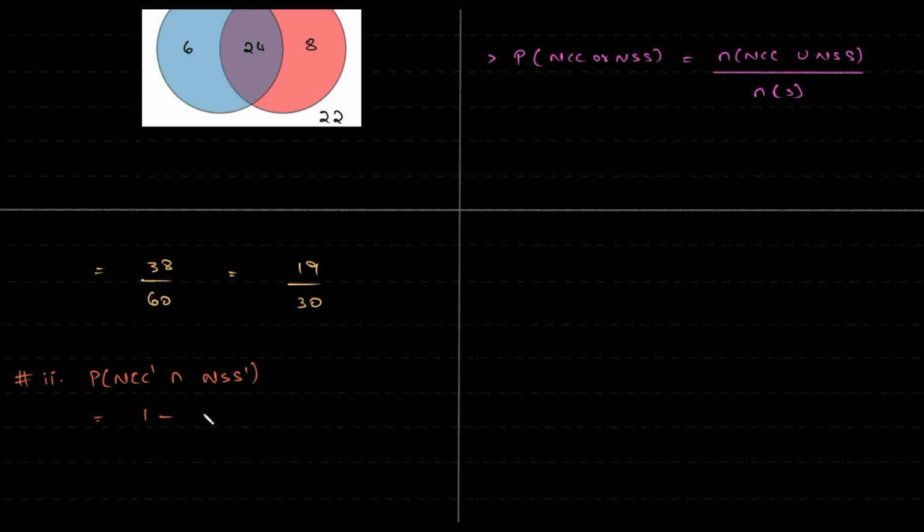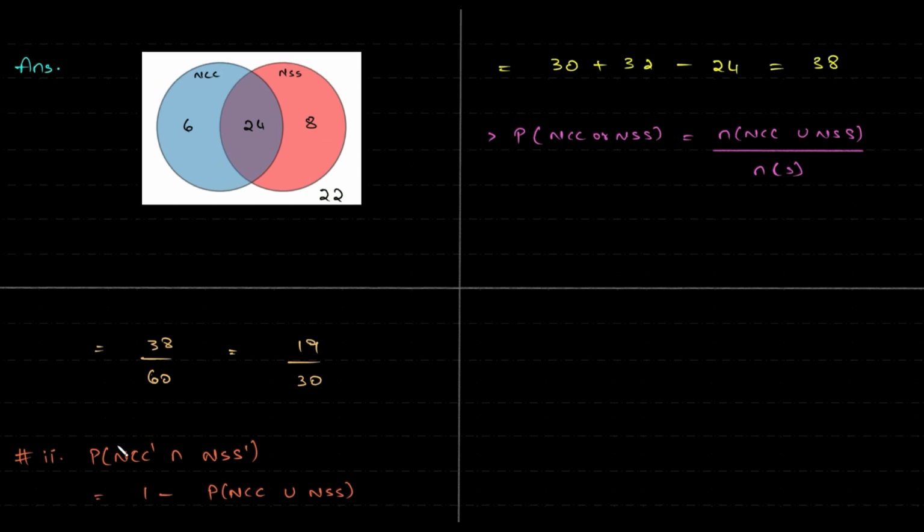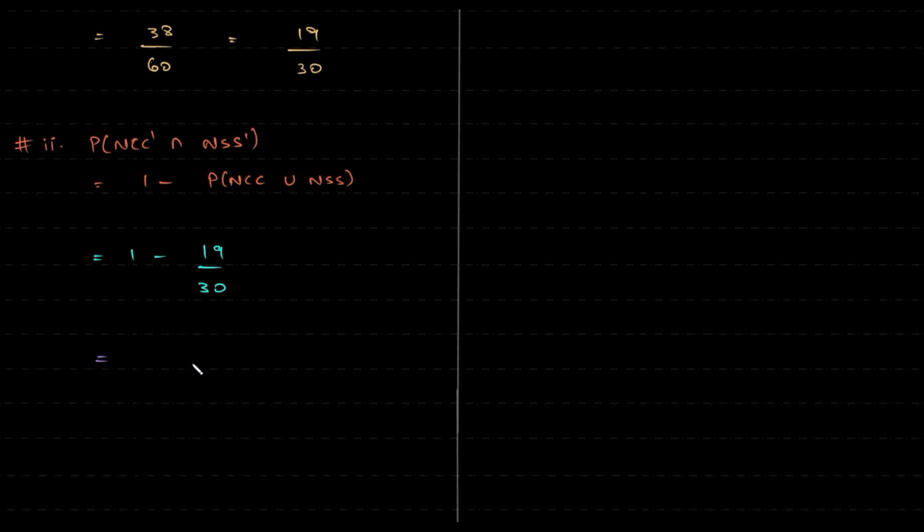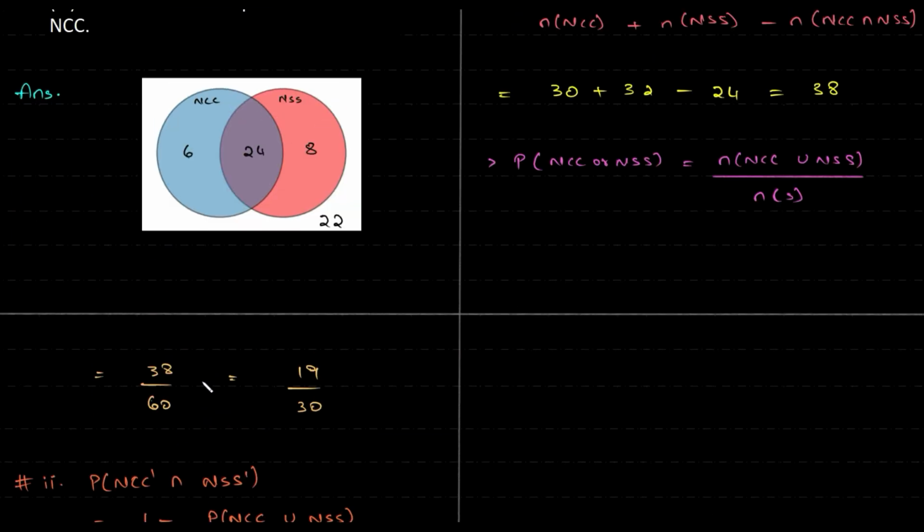So that is nothing but 1 minus the probability that we will choose NCC or NSS. So this would be, oh, the answer is over here, 1 minus 19 by 30. So 30 minus 19, it will be 11. 11 by 30. Make sense?